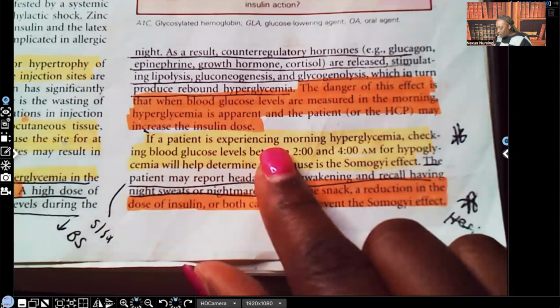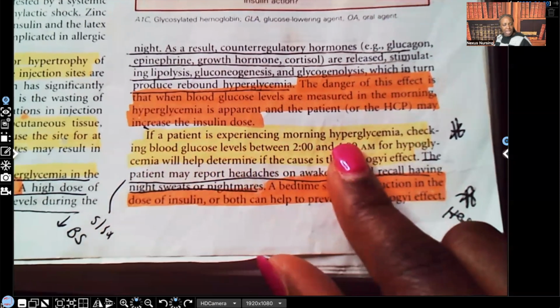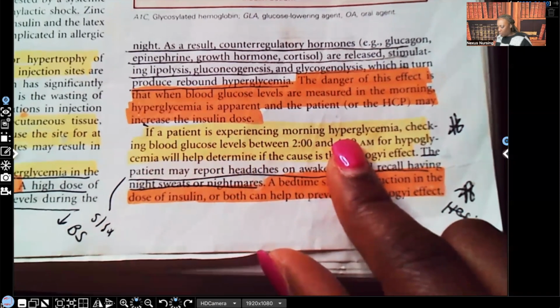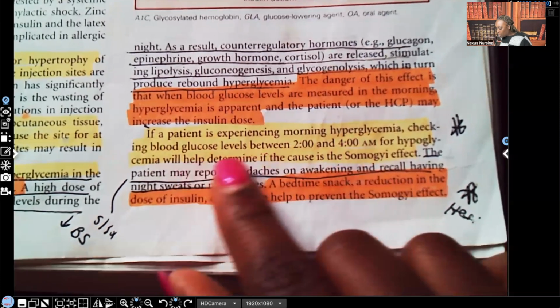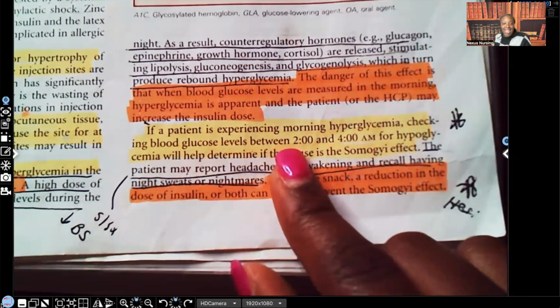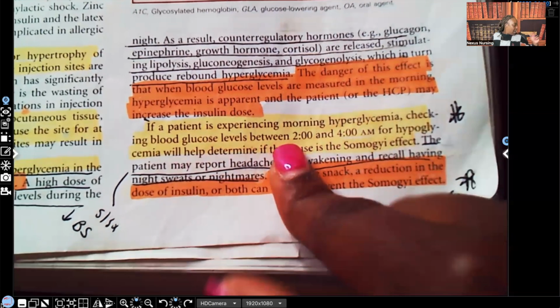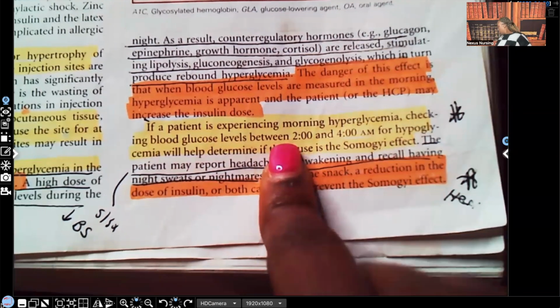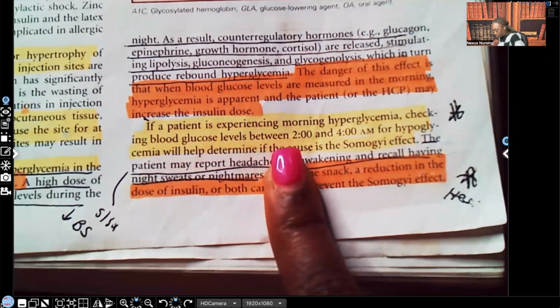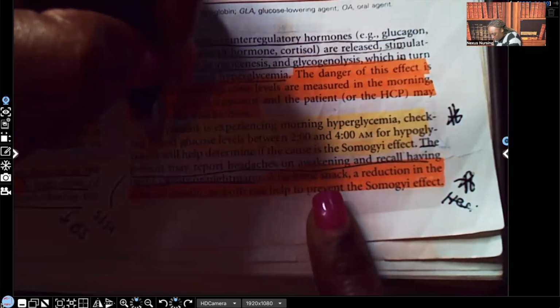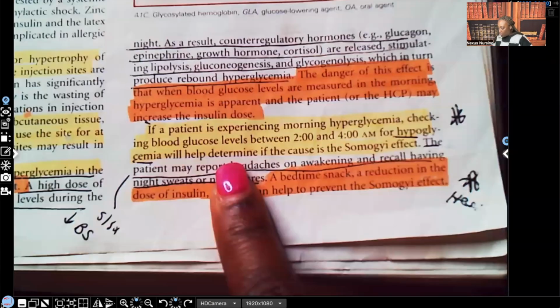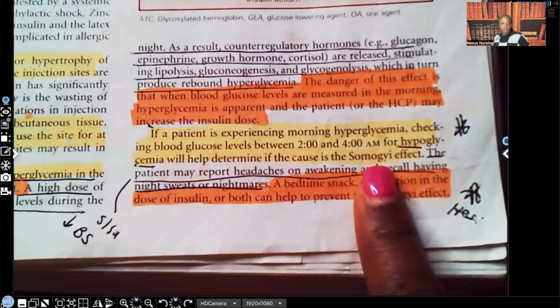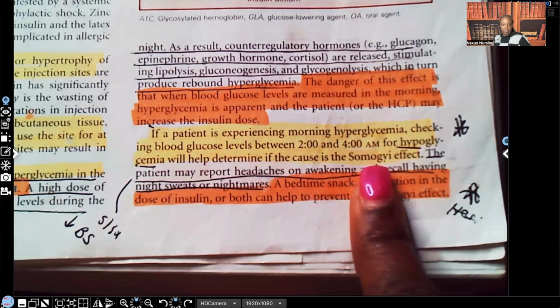If a patient's experiencing morning hyperglycemia, and every morning you're noticing that blood sugar is high, checking the blood glucose levels between 2 a.m. and 4 a.m. for hypoglycemia will help determine if the cause is Somogyi effect.